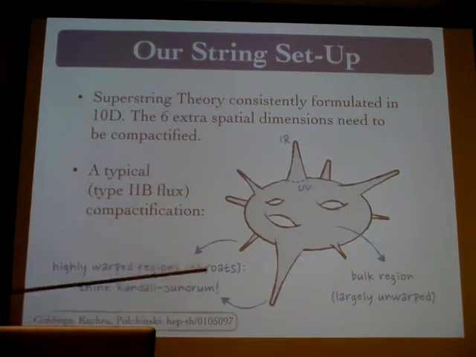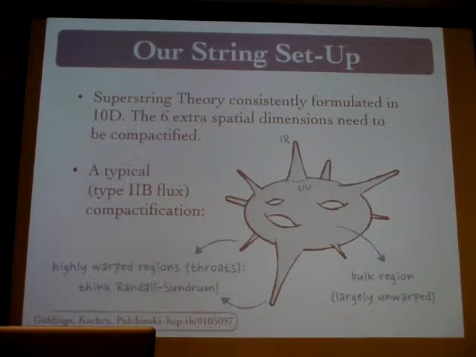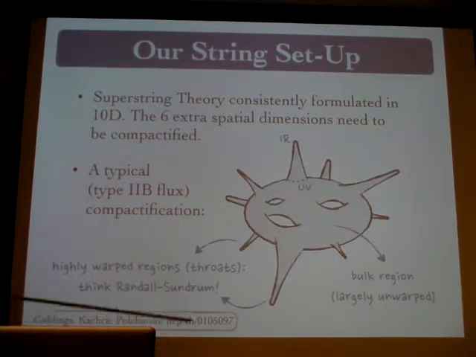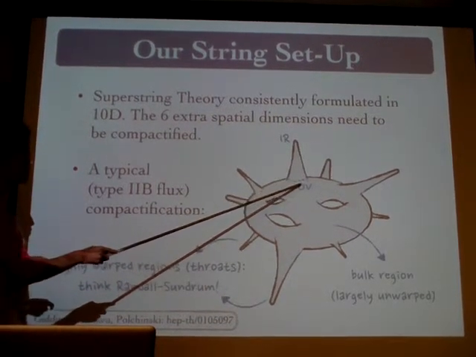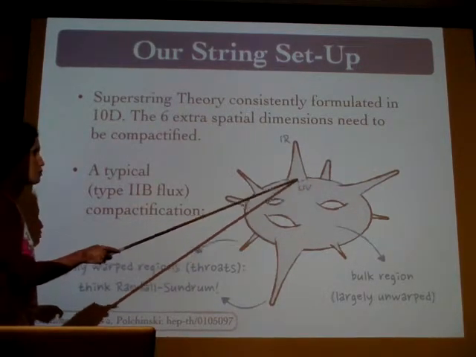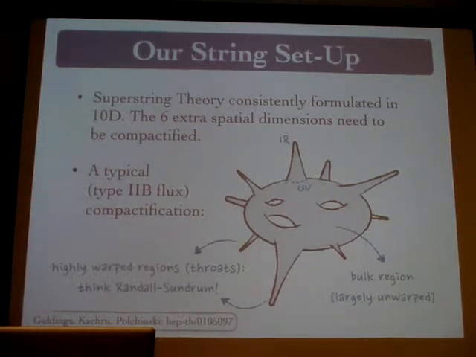And then there are typically very many regions, which are the spikes here, of very high gravitational warping, which are called throats. So if you are not very familiar with this, it's useful to think of these throats as just some Randall-Sundrum throat. So you should think of the part of the throat that attaches to the bulk as the UV part. And then you should think of the tip of the throat as the position of the infrared brane.